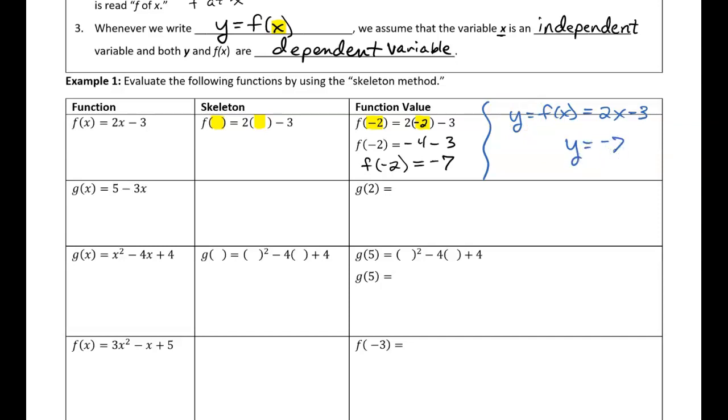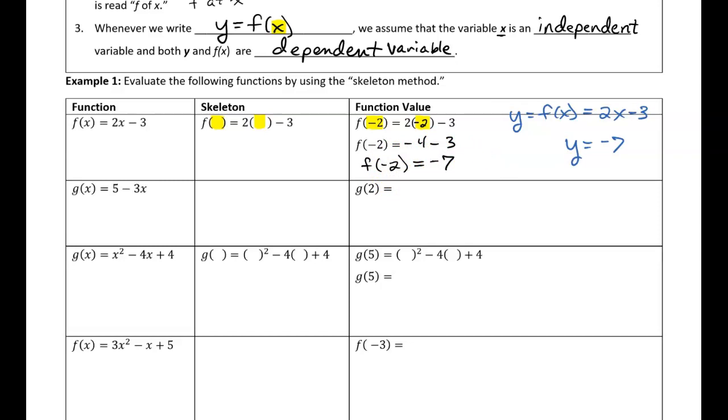This doesn't really tell me too much about how I got the negative 7. I know that something plugged in here gave me that number, but just the y by itself doesn't tell me that. And that's why this notation is really handy. Not only do I know the y value is negative 7, but I know what x value I used to make that negative 7 happen.